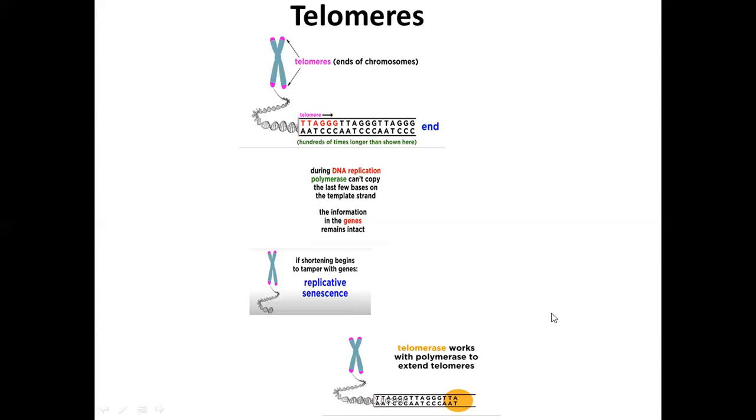So when we look at the somatic cells, these actually have low or undetectable levels of telomerase activity. And so we find that these cells will undergo progressive shortening with DNA replication.